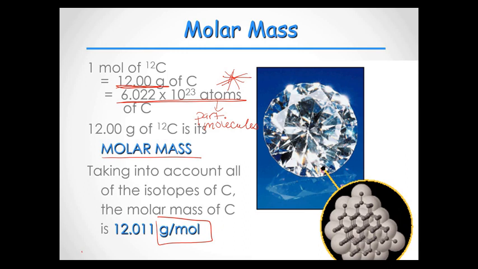Since there are many isotopes, and hopefully you remember from first quarter that isotopes are the same atom with different numbers of neutrons, there's not just carbon 12 or carbon 13 or carbon 14, so we have this decimal number. That number is called our molar mass, or average atomic mass unit. We learned how to calculate that in the beginning of the year. We're going to interchange molar mass and atomic mass unit.